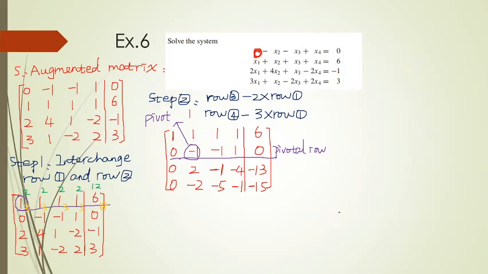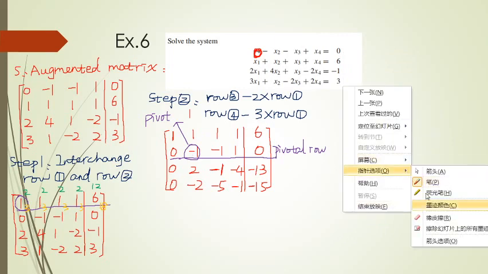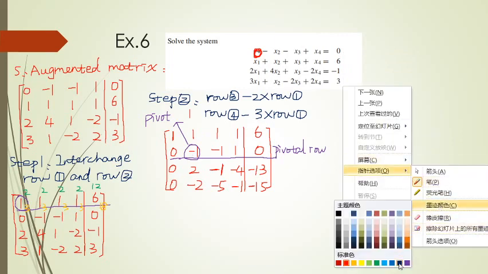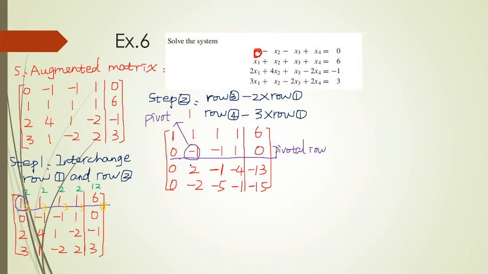So let me write the row operations in step 3, so we can make those coefficients for x2, a32 and a42, become 0. Step 3, what are the row operations?